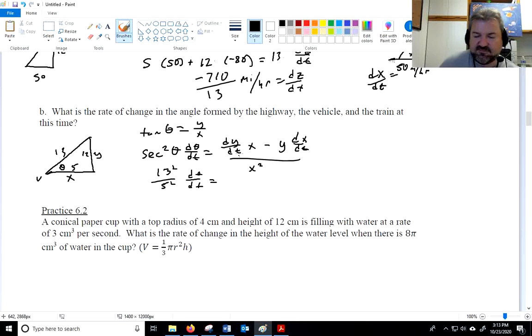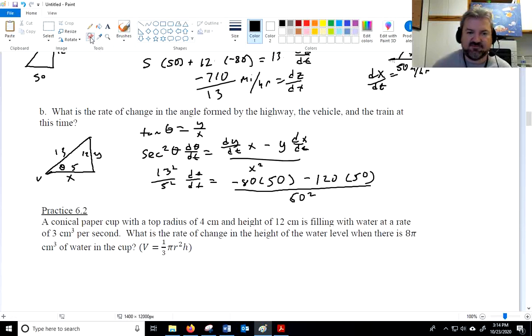And we got dy dt, which is the rate of change in the train, so that's a negative 80. The location of the car, or the distance of the car, is 50. And then y is the position of the train, which was 120. And then the rate of change in the car, which was also 50. All over the car's position squared.